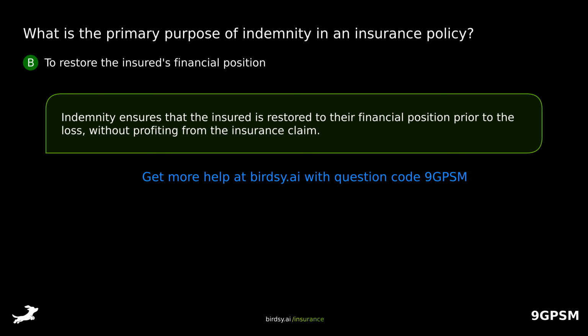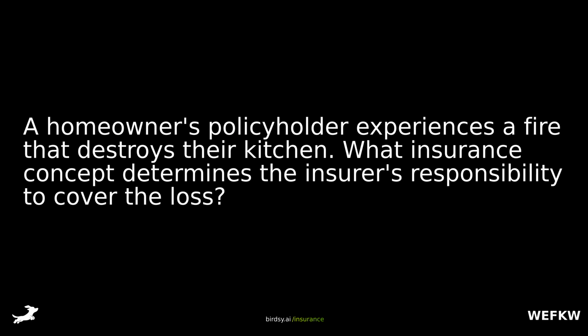Indemnity ensures that the insured is restored to their financial position prior to the loss, without profiting from the insurance claim. A homeowner's policyholder experiences a fire that destroys their kitchen. What insurance concept determines the insurer's responsibility to cover the loss?